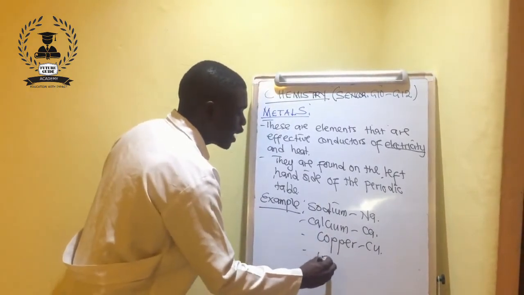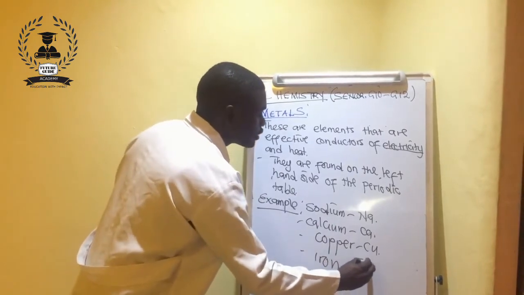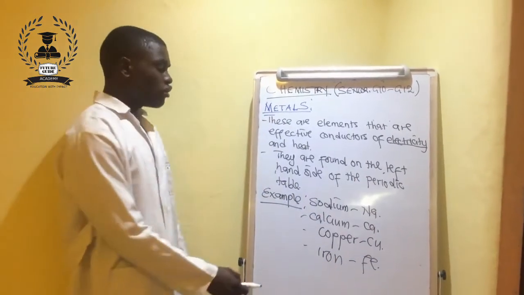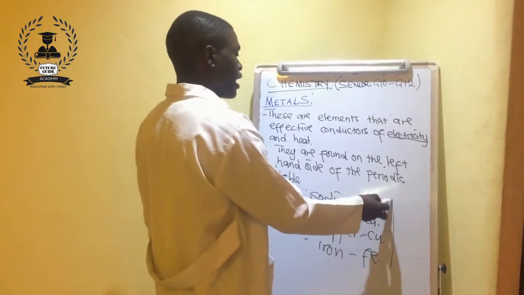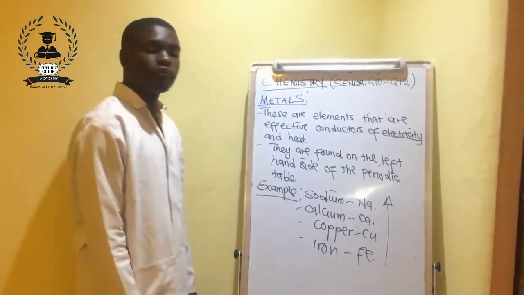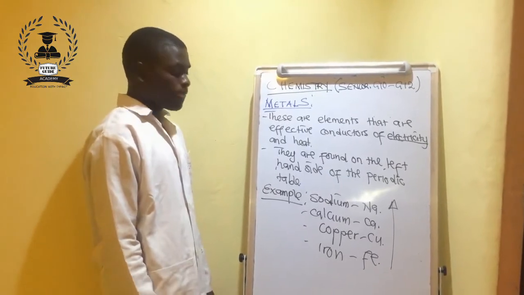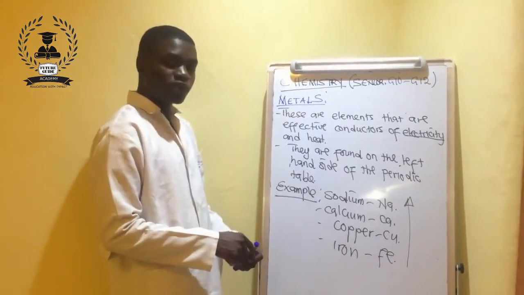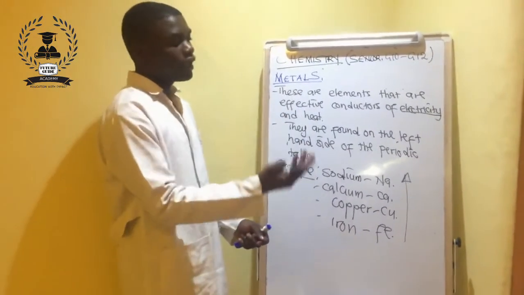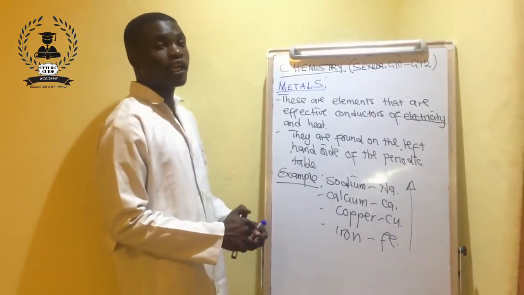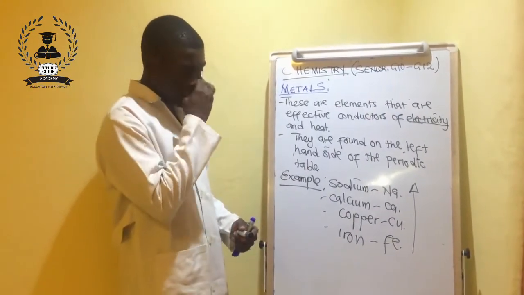We also have got iron, which is Fe. All these are metals, examples of metals that we find on the periodic table. So if they ask you to give examples of metals, you can pick on, there are a number of metals that we find on the periodic table.